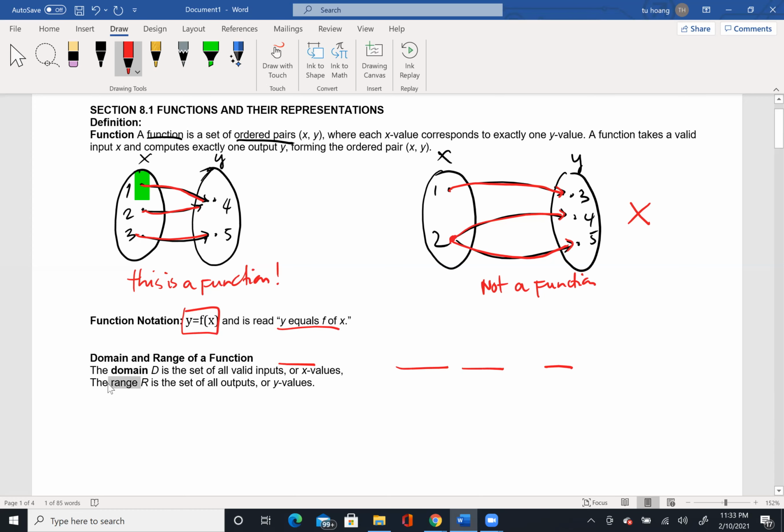Domain, range. So the range R is the set of all outputs, or the y values.